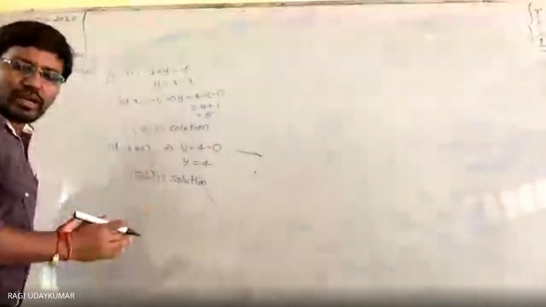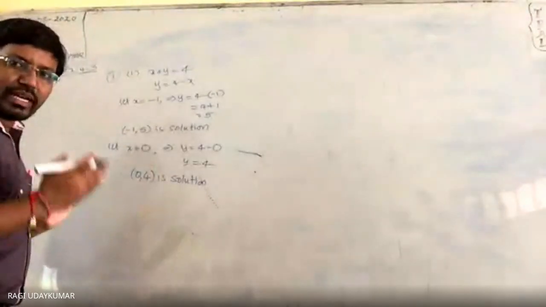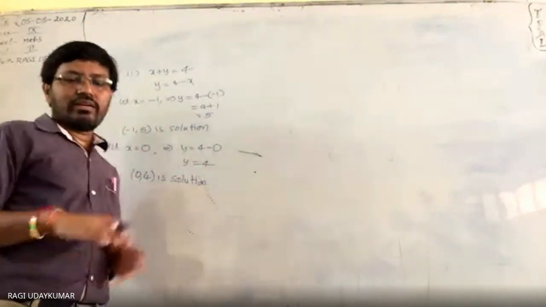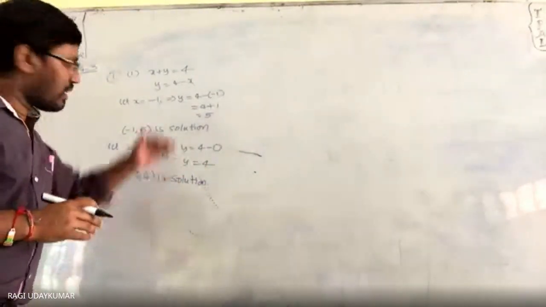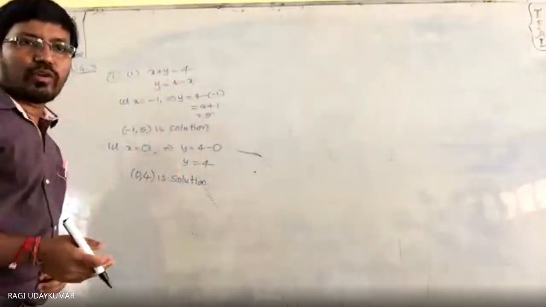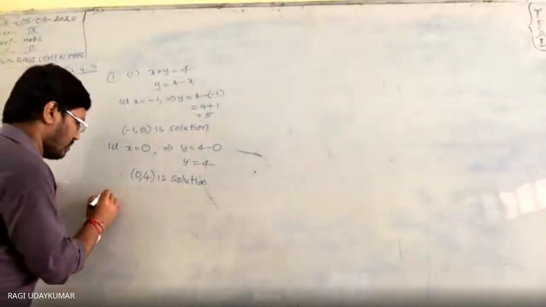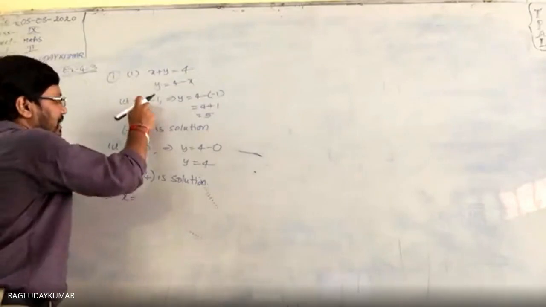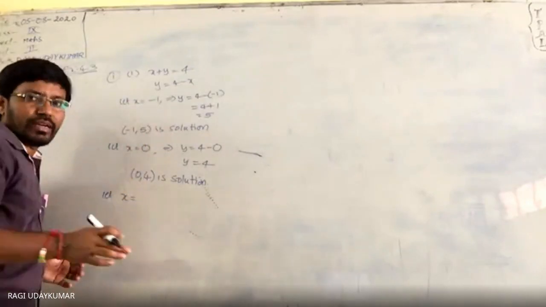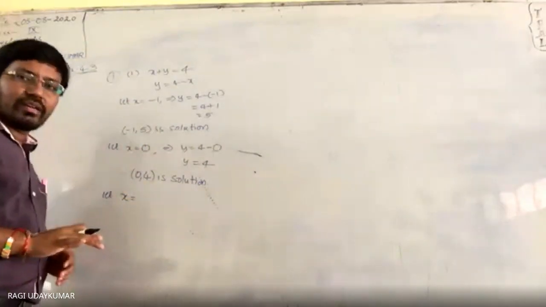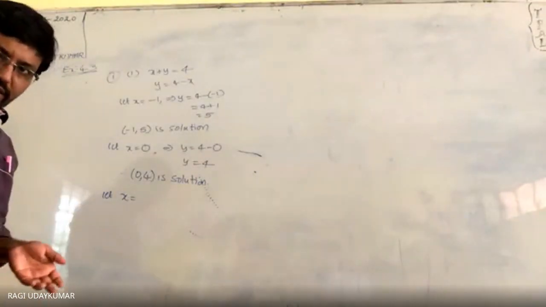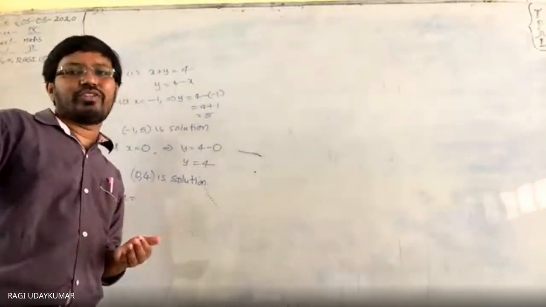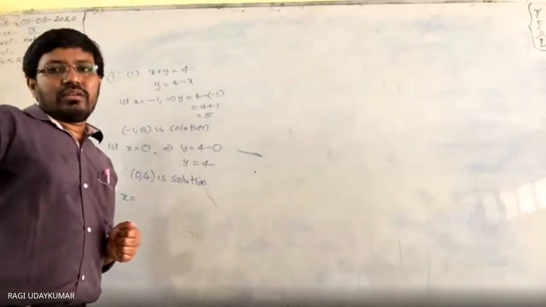You need to do this on graph paper, and you can paste the graph paper in the notebook. Next, let x be any other number. Sir, we take minus 1, 0, any number? Can we take minus 100? You can take minus 100 also, but then in the graph you need to mark the 100th point.